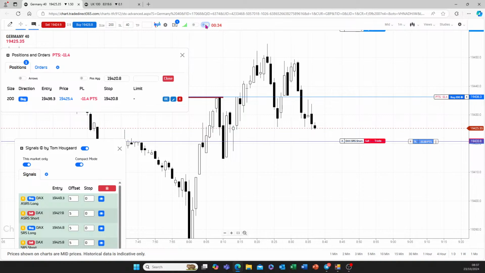Interesting, my stop loss is pretty much where the DAX is at neutral for the day, where it opened. Yeah, it doesn't look good now, does it?